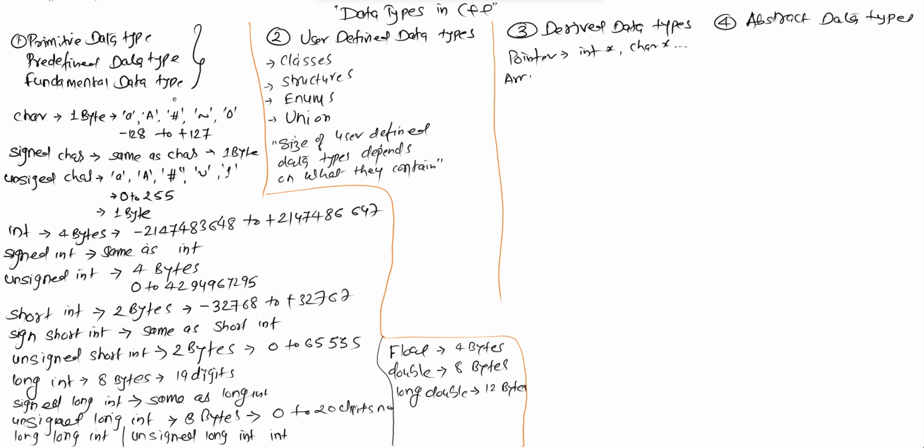And we have arrays, which means a group of similar data type.